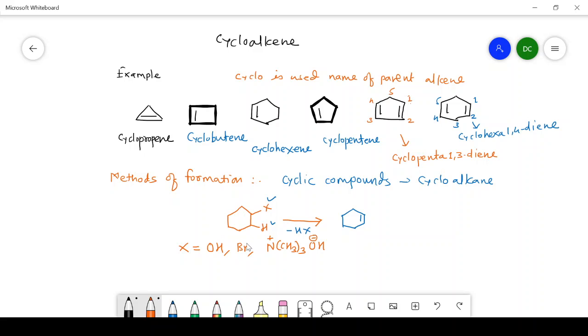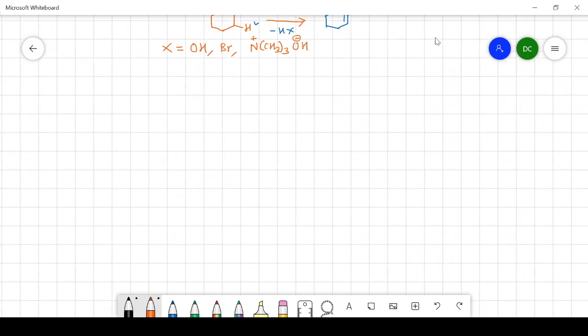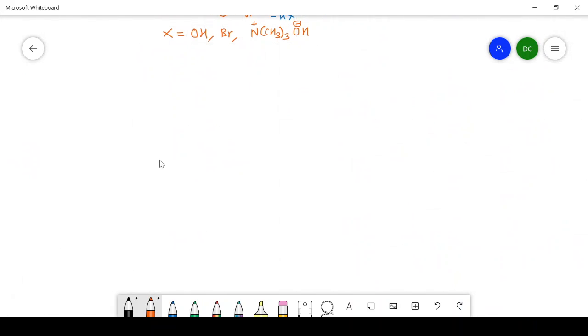When there is the presence of Br in place of X, then it is a bromocycloalkane. And if X belongs to this quaternary salt, then it is a Hofmann elimination reaction. We will see it in detail. Therefore, the first method is the Hofmann elimination reaction.